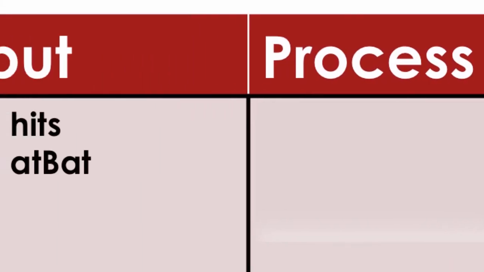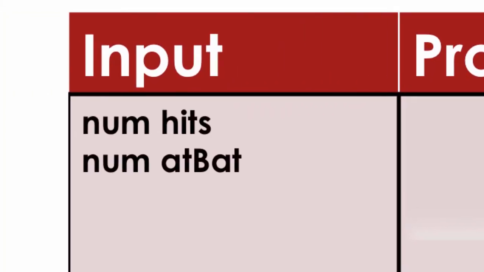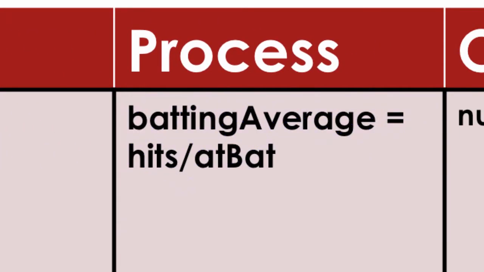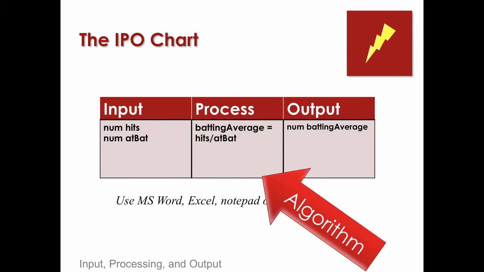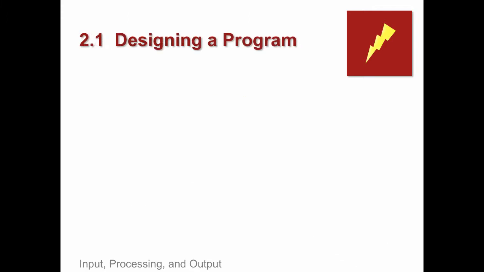If we have that as an output, then we need a num variable called hits and a num variable called at bats. We then said the process in the middle was the batting average equals hits divided by at bats. And the process in the middle is actually called the algorithm. The whole thing is actually called an algorithm, but usually the math that does the calculating is called the algorithm. So that's an IPO chart.